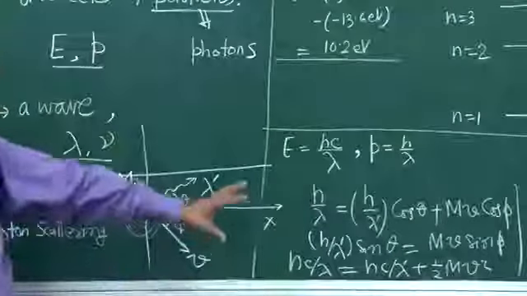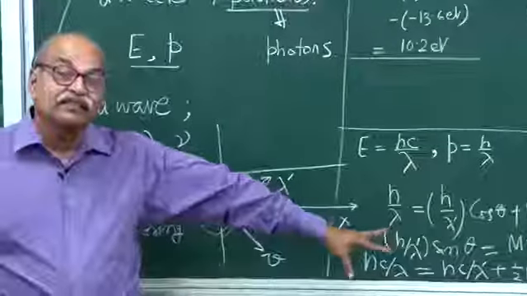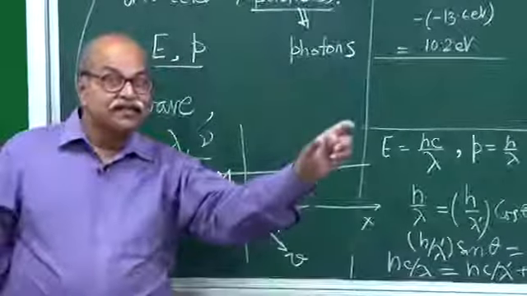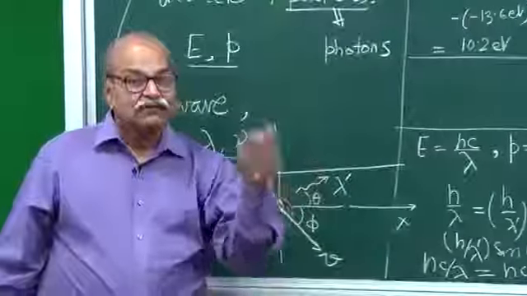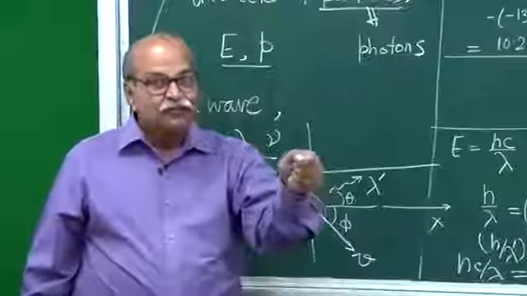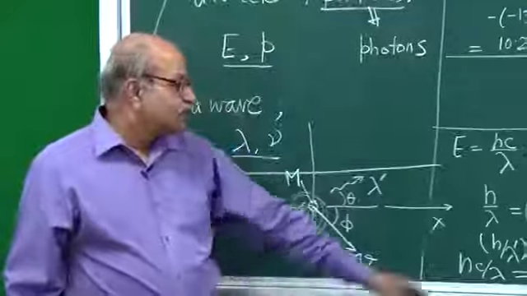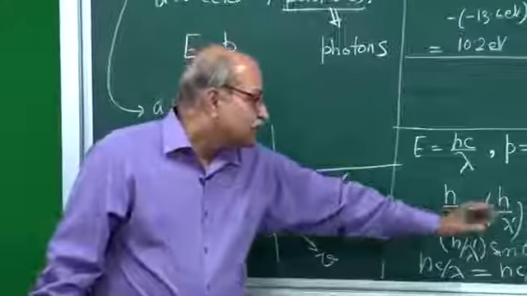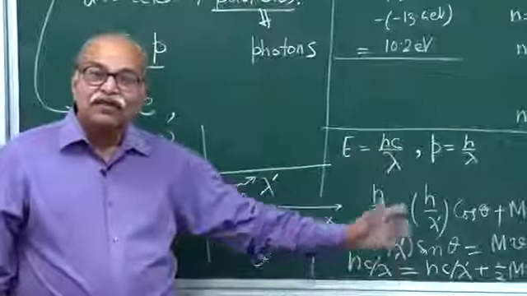So see how I am using the particle dynamics here. This X-ray is treated as a collection of particles, a collection of photons, one photon colliding with one atom and one electron at a time. So we are writing the linear momentum of the photon, the energy of the photon, and doing all kinds of particle dynamics.